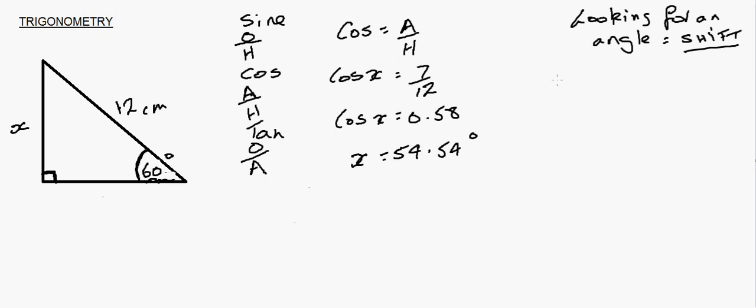So sine equals opposite over hypotenuse. Okay. So we don't know what the opposite is, so we do know everything else. So we do know that sine 60 equals the opposite, which we don't know, that's x, over the hypotenuse, which is 12.